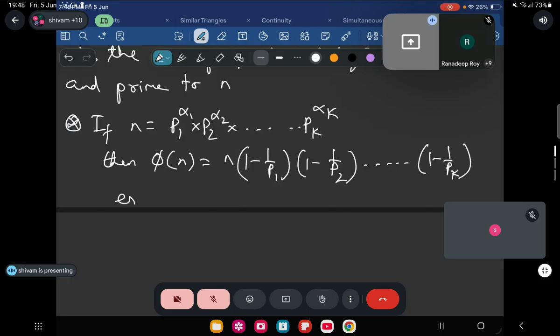For example, let us talk about 18. Let n be equal to 18. So, tell me those numbers which are less than 18 and prime to 18, meaning they don't have a common factor. For example, 1 and 18 don't have a common factor except for 1 itself.